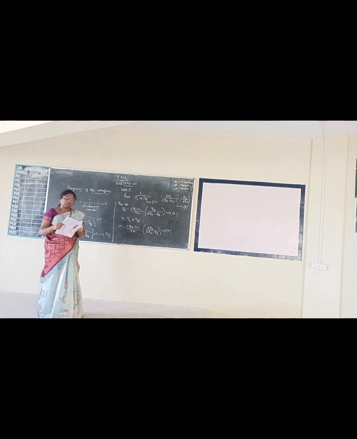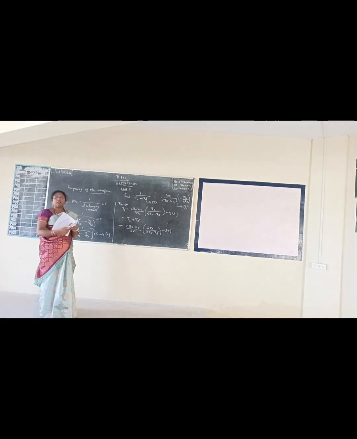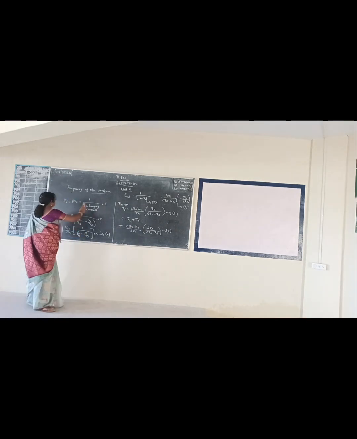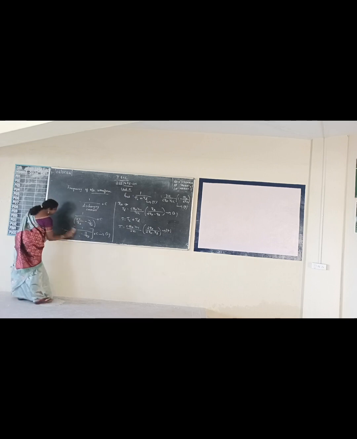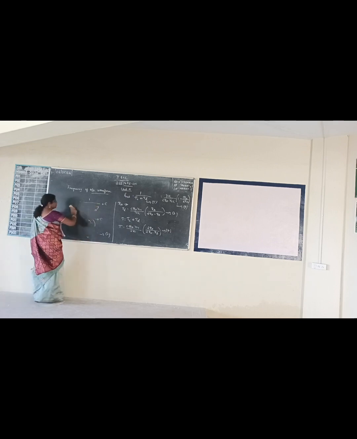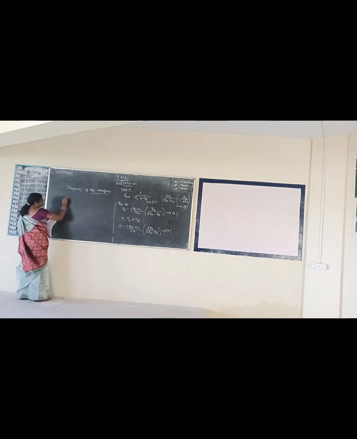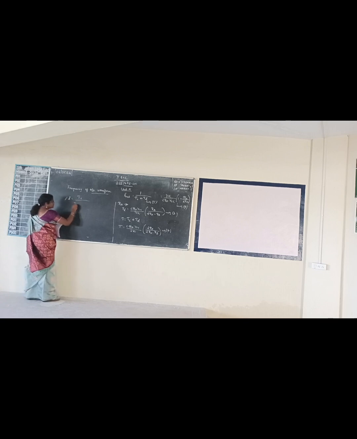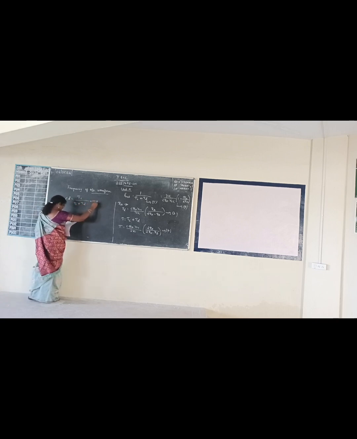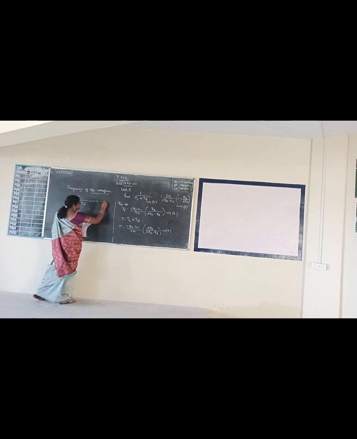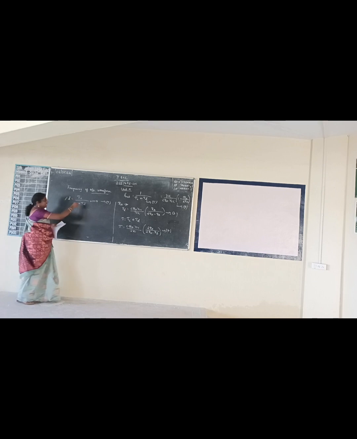Write it down. Duty cycle is given by charging time divided by charging time plus discharging time into 100. So this is equation number 7. So you know the value for TC and TD, right? Substitute it, simplify it and solve it.